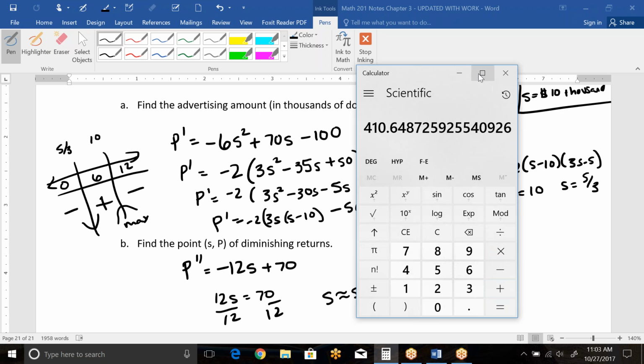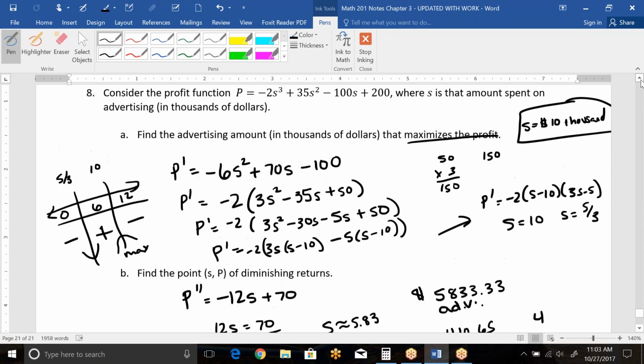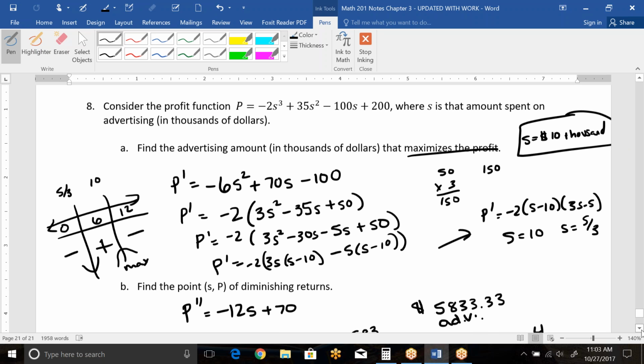So 410.65, which means, and I believe this was in thousands as well, but let me double check in the problem. Yeah, the profit would be in thousands as well, yes.